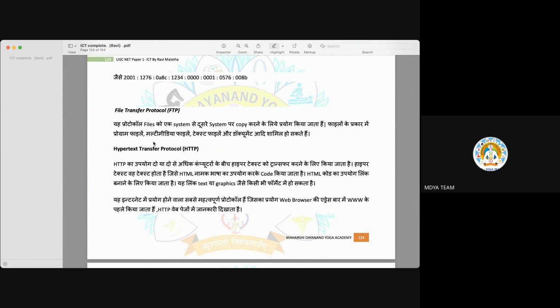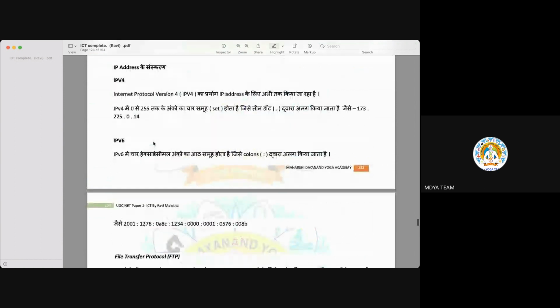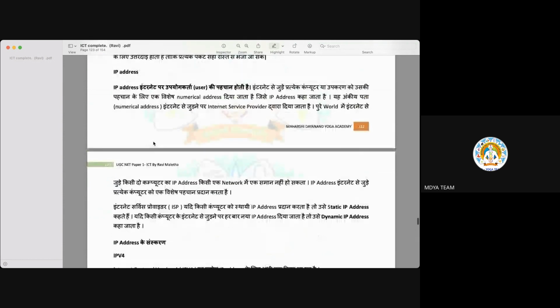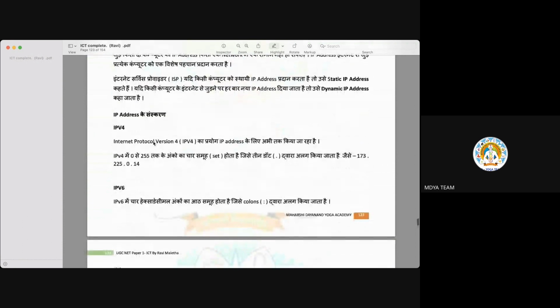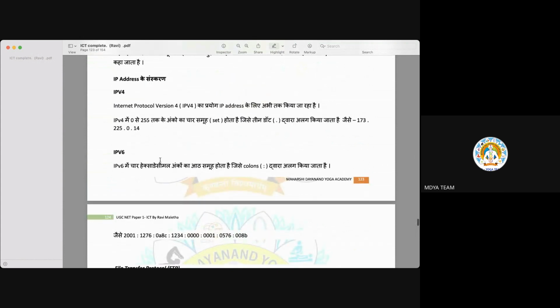Does IPv6 have eight sections? Yes, it has eight, and IPv4 has four. In version 6 the parts are divided by colons, and in IPv4 they are divided by dots.